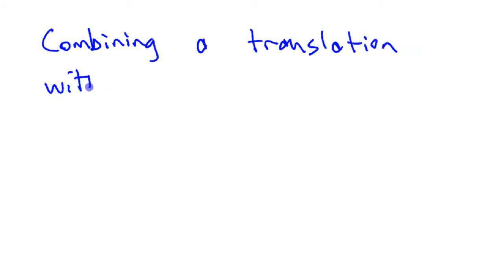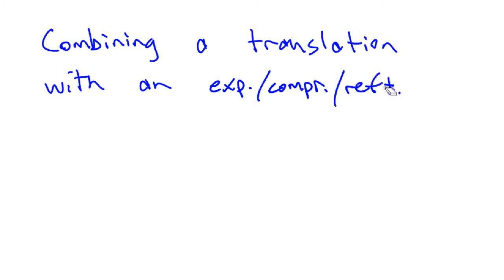Combining a translation with an expansion or compression, and if we did the same thing with a reflection, we didn't do a reflection here, but it's going to be true for that as well.